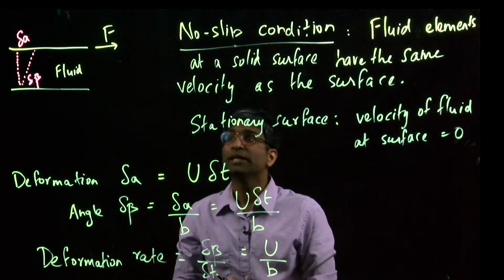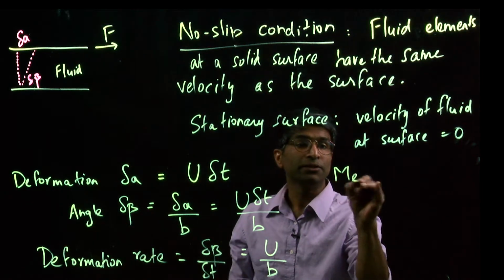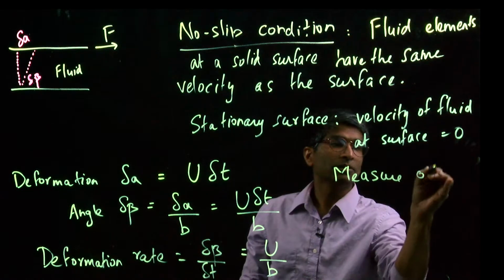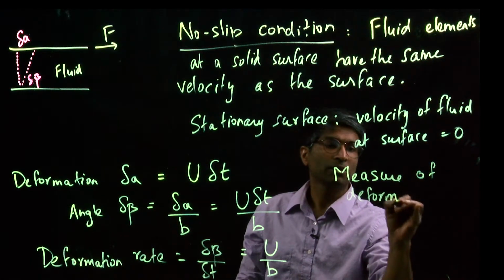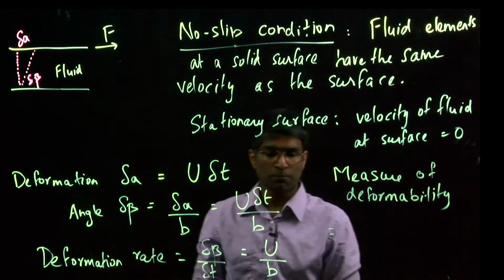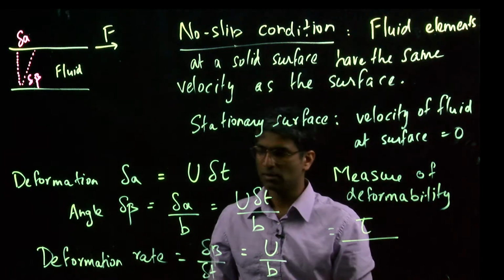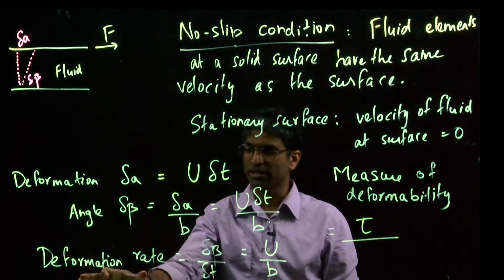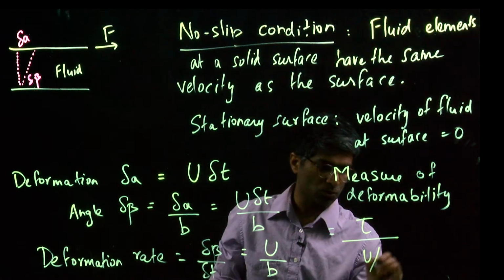So what we are going to say is that the measure of deformability here in a fluid is the applied stress tau over the resulting strain, which in this case is the deformation rate, which is u over b.